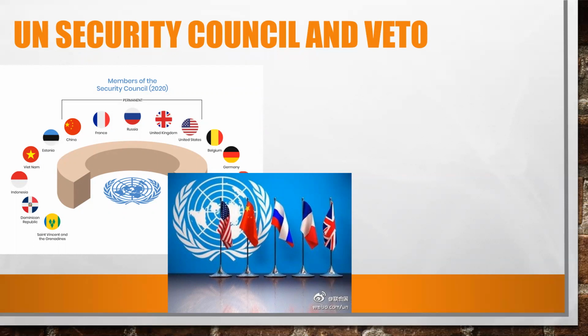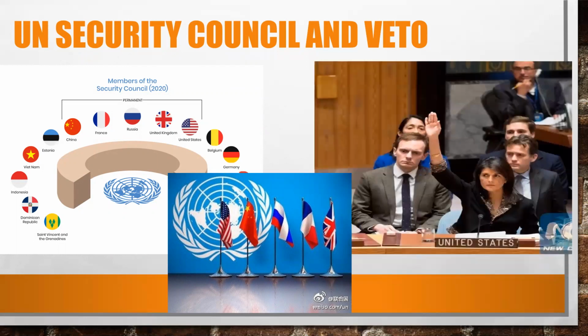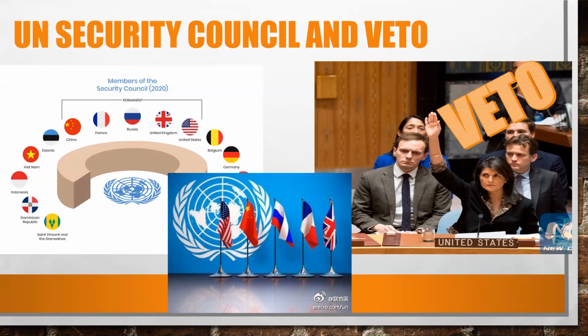But it is not just nuclear weapons that these 5 countries have. These 5 Permanent Security Council members can veto any resolution. So what does that mean? It means, say there's a war in a country and Security Council members come up together with a resolution. But for example, the US, one of the permanent members, doesn't like this resolution, so they decide to veto it.